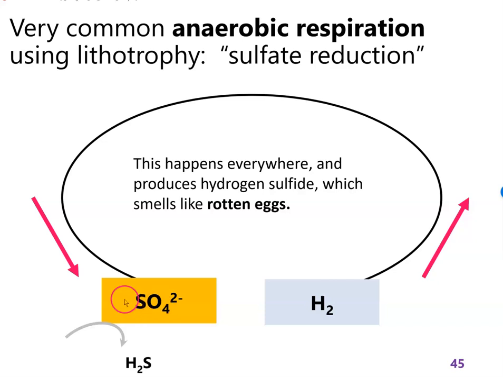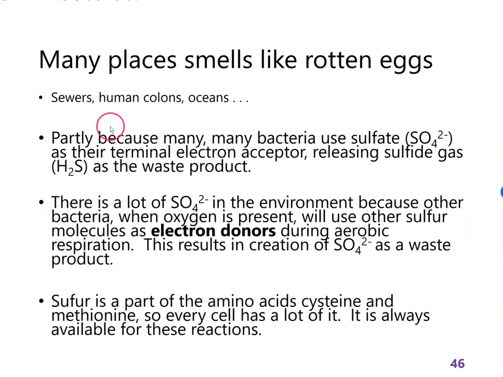The waste product of this, I didn't show the waste product of hydrogen. This becomes protons, and the waste product of sulfate becomes hydrogen sulfide gas, which smells like rotten eggs, or other various things. So this is a very common thing in the environment, and many places smell like rotten eggs.